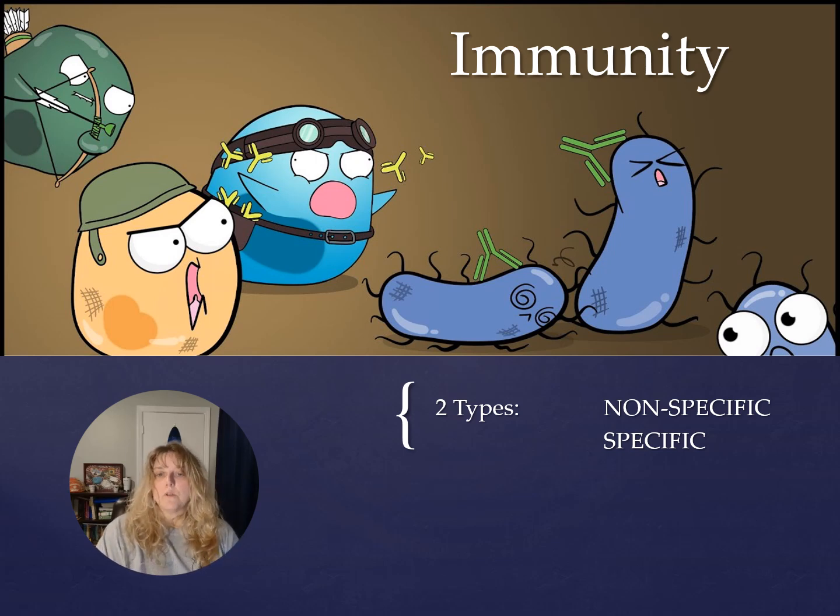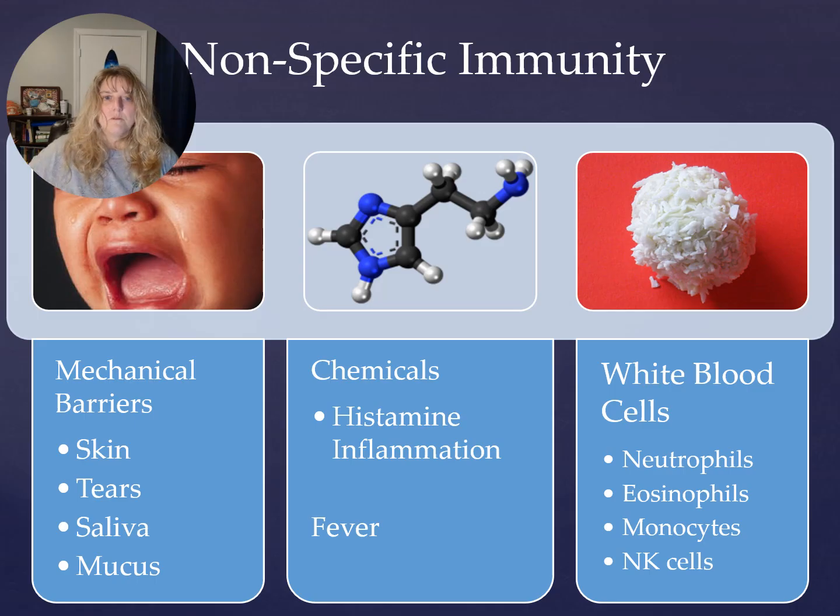Now, when it comes to immunity, we have two types of immunity. We have nonspecific and then specific. Our nonspecific immunity includes the mechanical barriers, some of our chemicals, and our white blood cells. The mechanical barriers can include our skin, tears, saliva, mucus. Those sorts of things are part of that mechanical barrier.